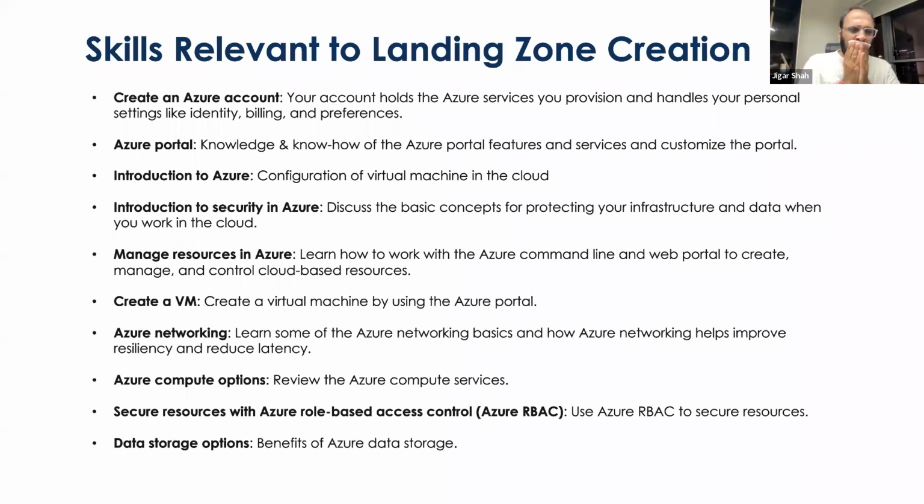Now, during the readiness phase of a migration journey, the objective is to prepare and understand the roadmap ahead. This phase is accomplished in two major areas: organizational readiness and environmental or technical readiness.